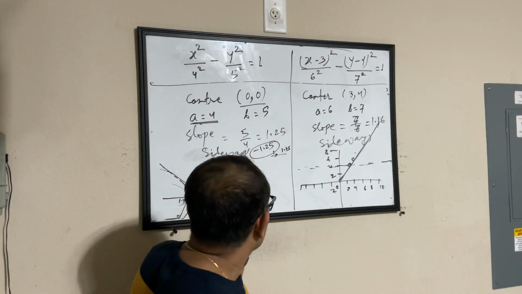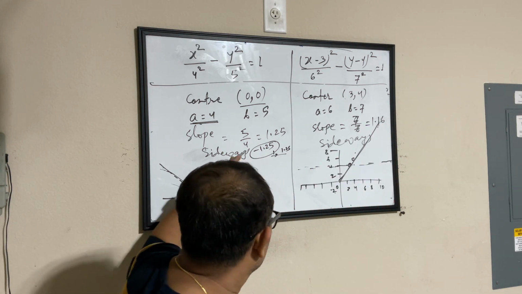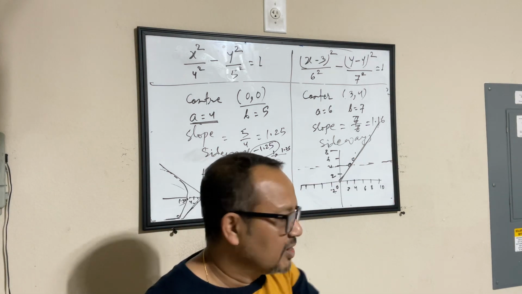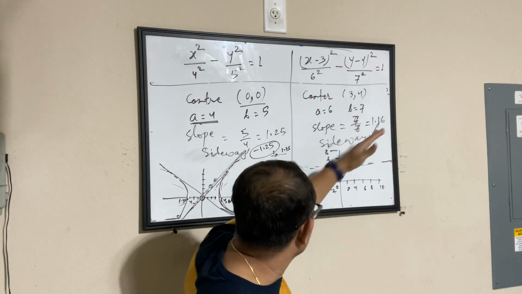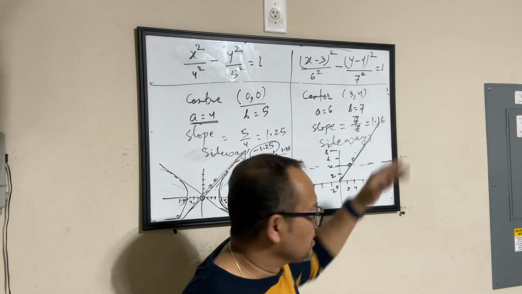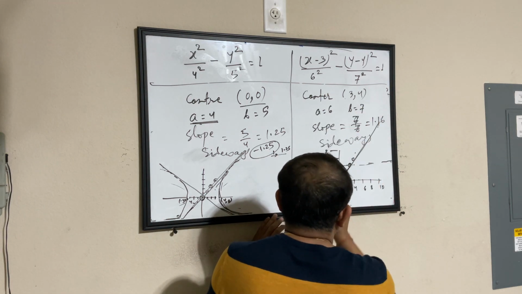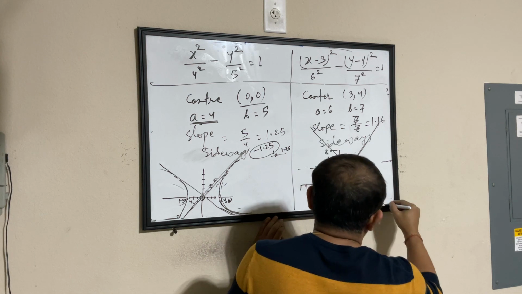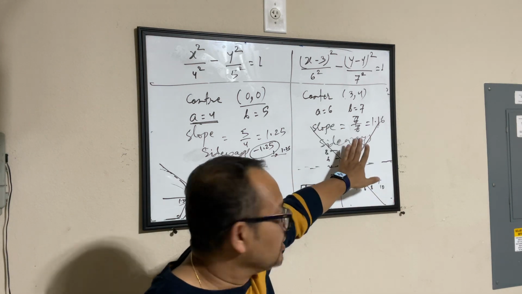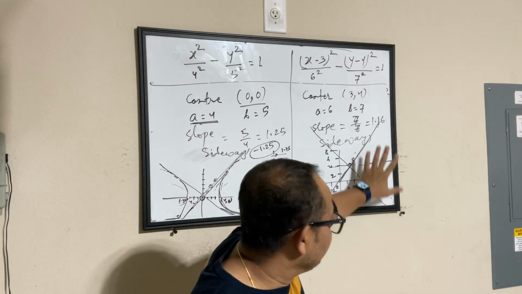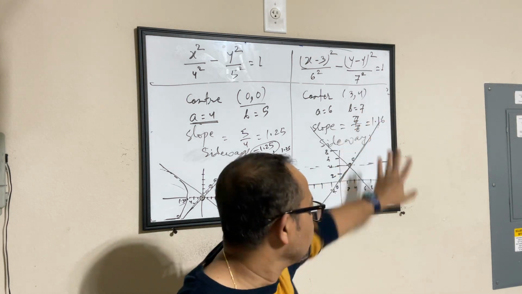Though I did not draw it well, it will be shallower than this one. This is looking steep, but you will find the line of the asymptote, and then draw a perpendicular line. This defines the boundary within which your hyperbolas are going to lie.